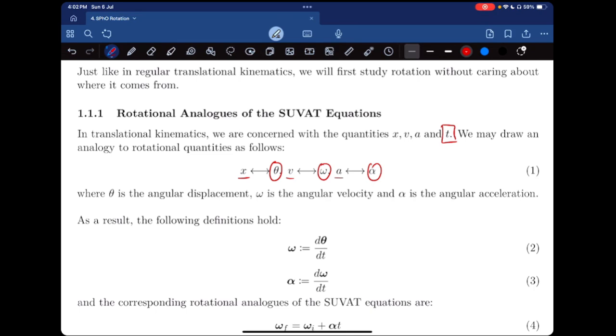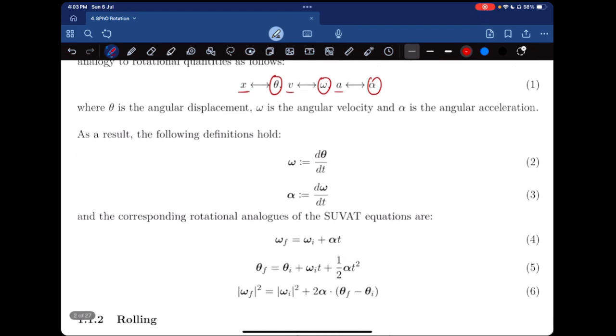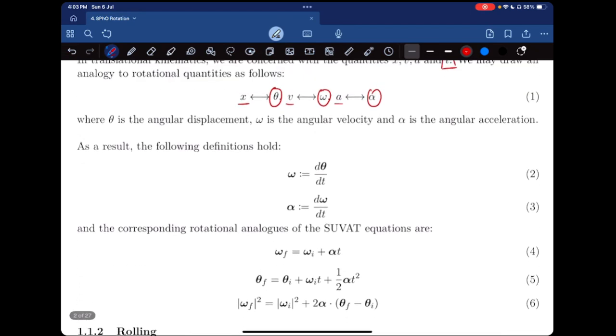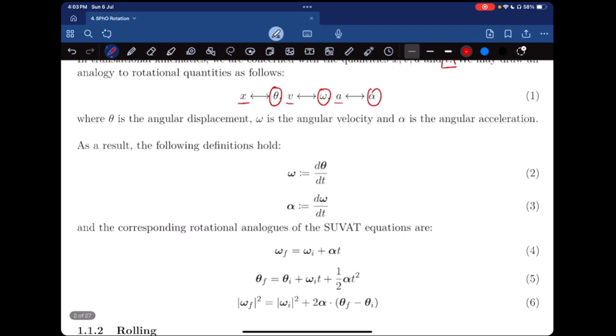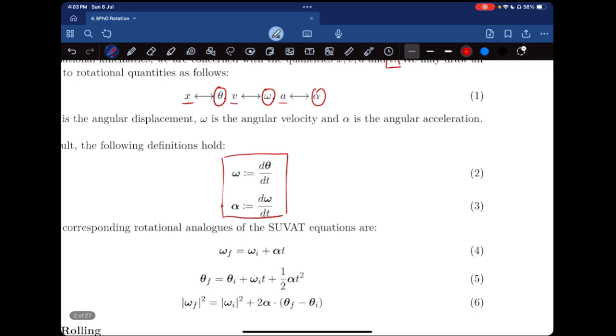And it's not just the kinematic quantities. Later on, you see that there are a lot of other quantities that can be directly mapped to the translational quantities. But from this, you have the relations here. These are definitions, and you can see that this directly comes from mapping it to this and mapping it to this.